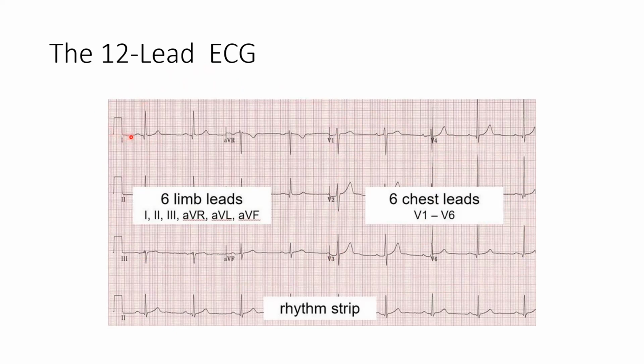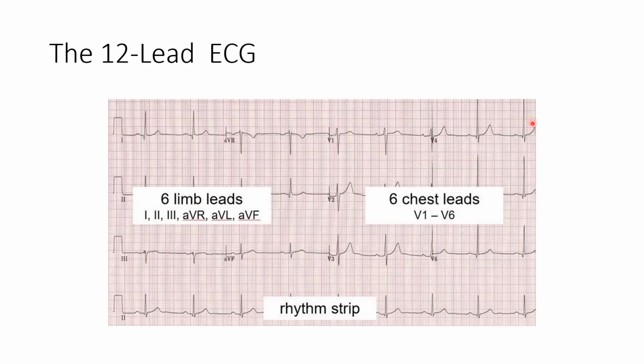Each lead has a sample, as you could see right over here, of 2.5 seconds of a particular lead of the heart's activity. So from here to here is 2.5, from here to here is another 2.5 seconds. And so the samples are merely 2.5 seconds of the heart's activity. The total sample time from here to here is exactly 10 seconds.